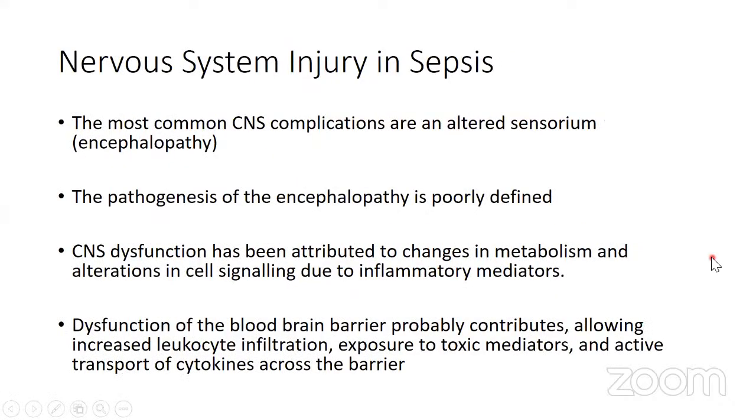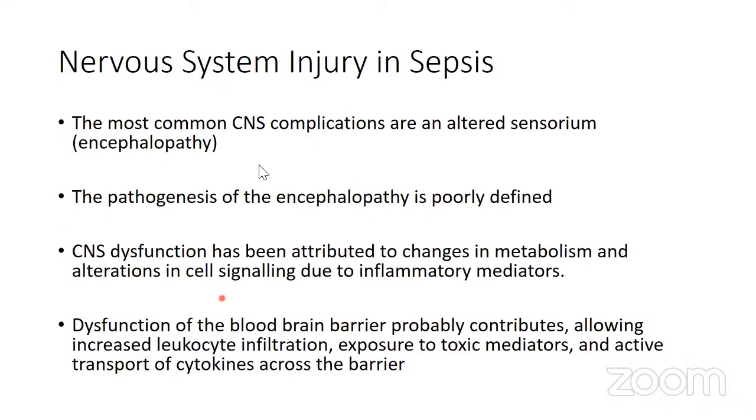Then the nervous system. Now, it's not very clear here, but let's see. They're saying the most common CNS complication is altered sensorium, and that's very common, especially in patients with septic shock. The pathogenesis of encephalopathy is poorly understood.